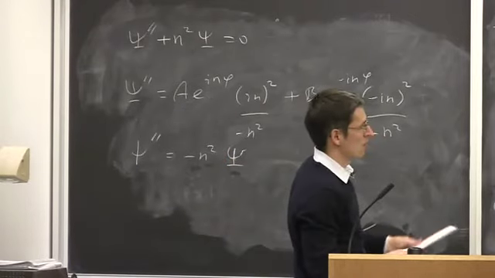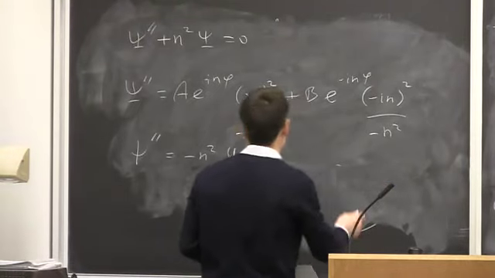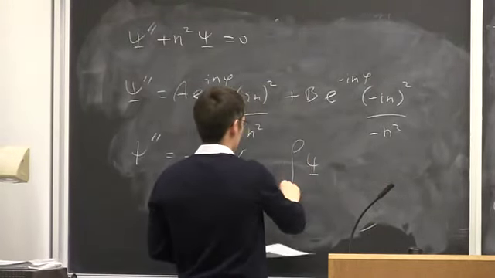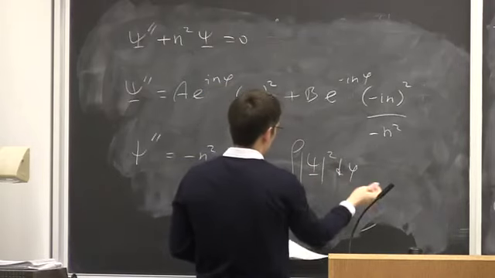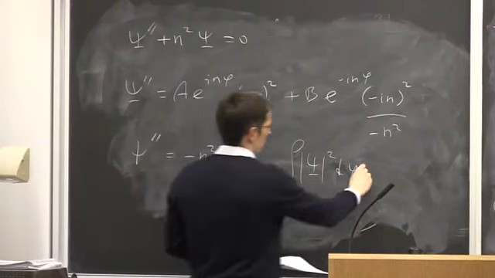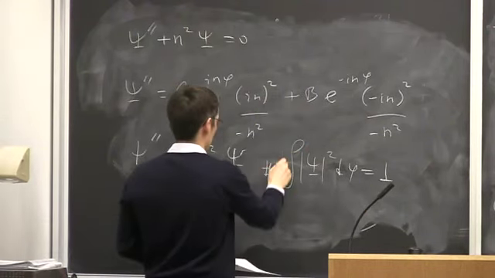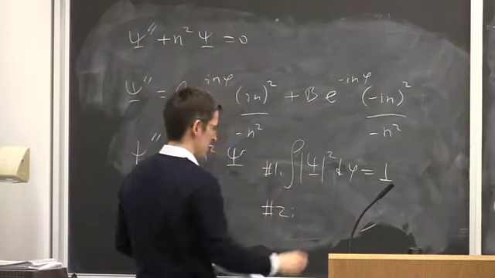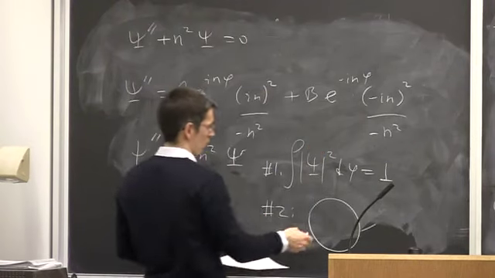Now, this is all great, but we have a condition that, first of all, the function integrated with its square over the angle must be 1. That's the normalization condition. And the second, more important, is that we have a function on a circle.